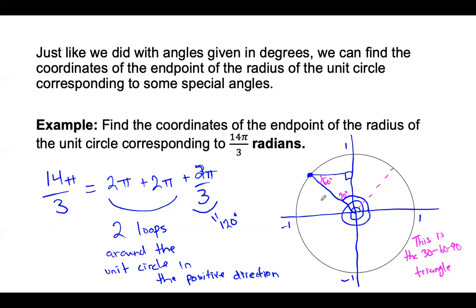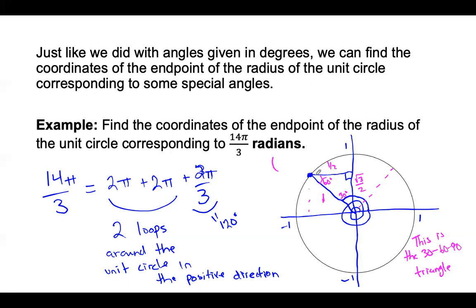So we know this from before, and we know the radius is 1. So the side across from 30 is going to be a half, and across from 60 is the square root of 3 divided by 2. So this point, therefore, because we're going in the negative x direction, you read this point down.